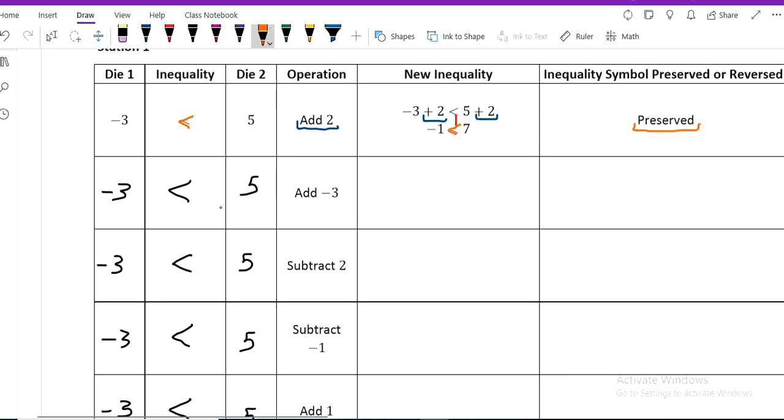Let's check out the other ones. We'll keep the numbers we have, so -3 and +5. Now it says to add -3.